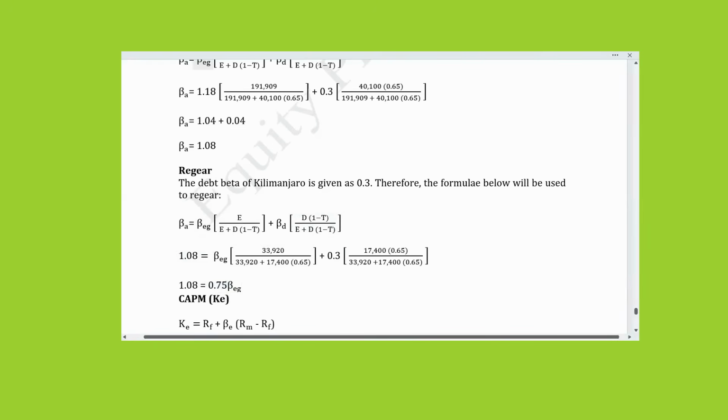Then from the right-hand side, what do you have? 0.075 from the right.